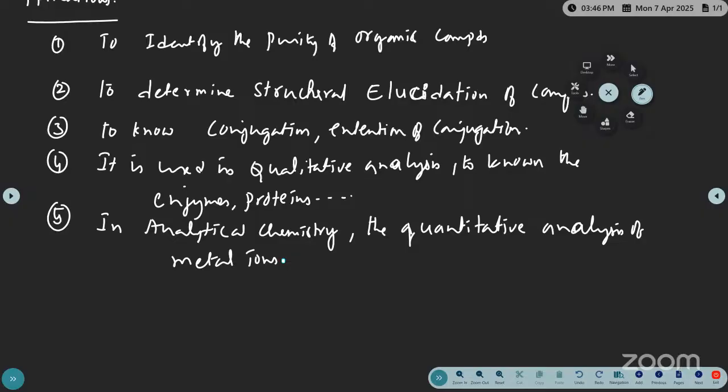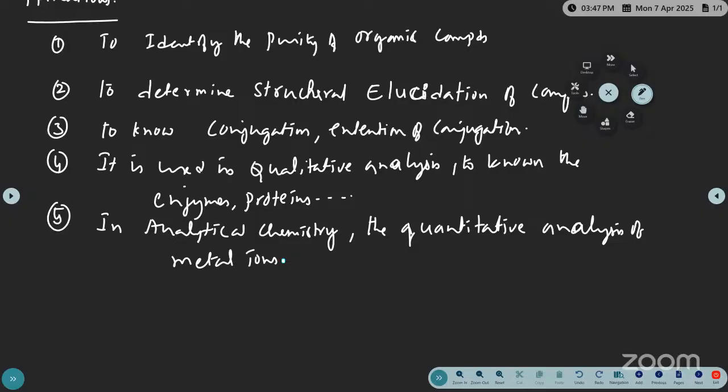formula, and we apply integration. By applying integration, finally we get a derivation, that is A = εCx. A is what? Absorption of radiation. Absorption depends on what? ε is a constant, the absorption coefficient.